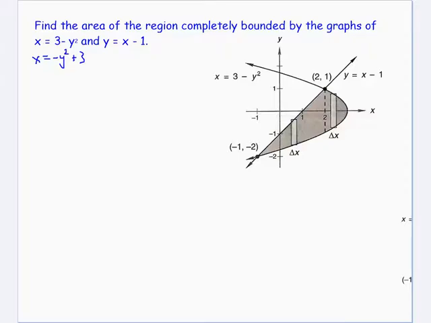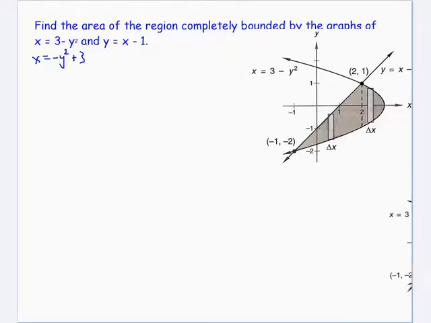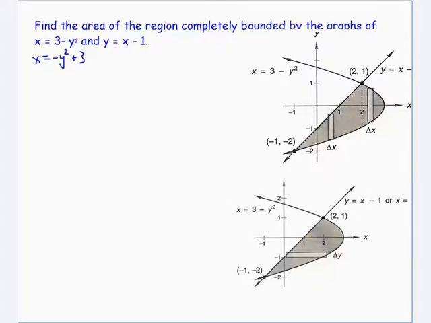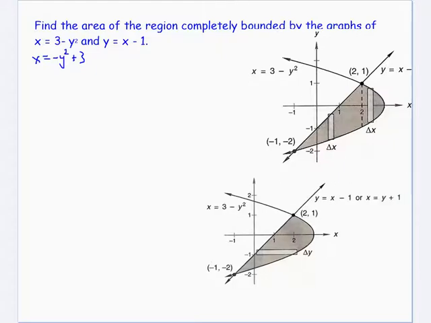So instead of using this option, we could look at making our rectangles horizontal, which again we'll use a dy for. And so we notice we can do our parabola minus the line, because when we do it with the horizontal rectangles, we want to do our rightmost function minus the left function.